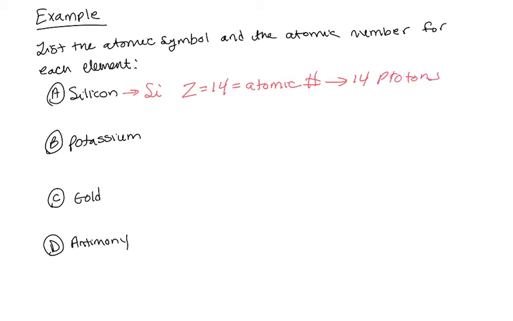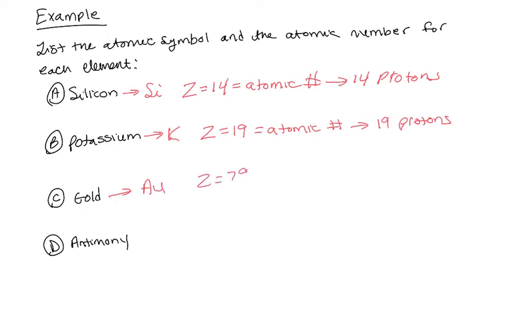Okay? Potassium has the chemical symbol K, and on the periodic table it has a Z number of 19. So that's its atomic number, and that's saying there are 19 protons in potassium. In gold, we have the chemical symbol Au, and on the periodic table it has a Z number of 79.